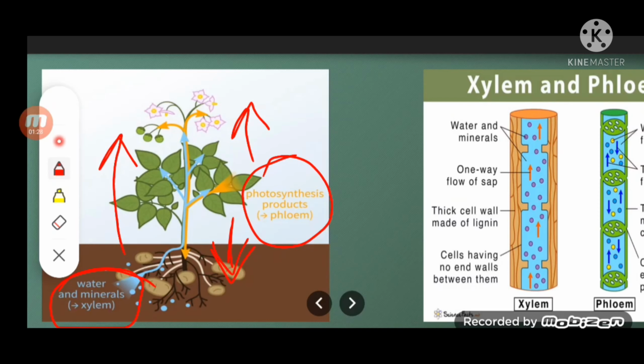Storage organs, for example, are vegetables like potatoes, which store their food in the underground stem. Leaves like spinach store their food in leaves. And roots like radish. So in any part they can transport the food wherever it is required.